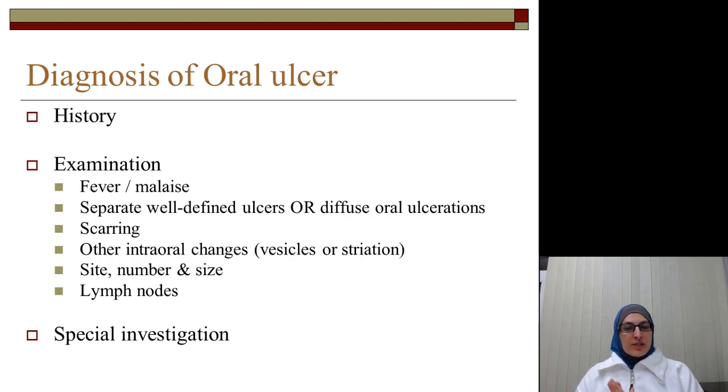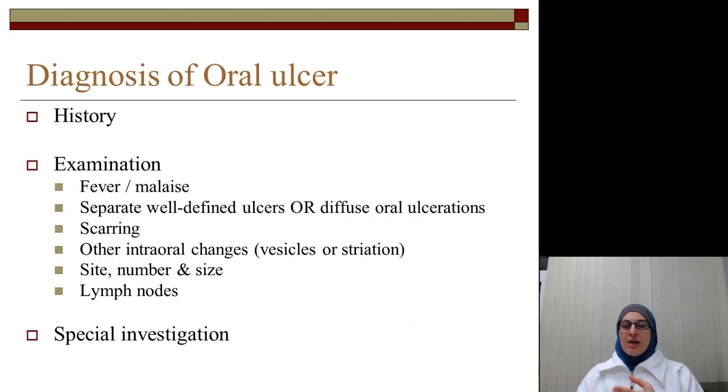Other intraoral changes: the presence of vesicles indicates maybe a vesiculobullous condition or a viral infection. It starts as vesicles. The presence of striations, which are the white striae or lines surrounding the ulcers, is more suggestive of lichen planus. So you need to be vigilant of these changes, which will help you to make the diagnosis.